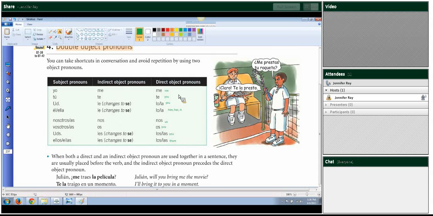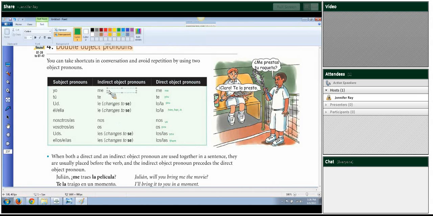So all of these, I'll do my purple: me, you, him, her, it, us, you or you all, and then them.